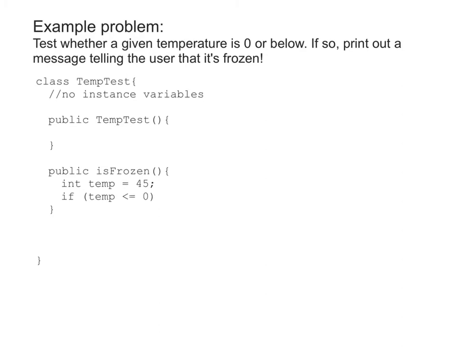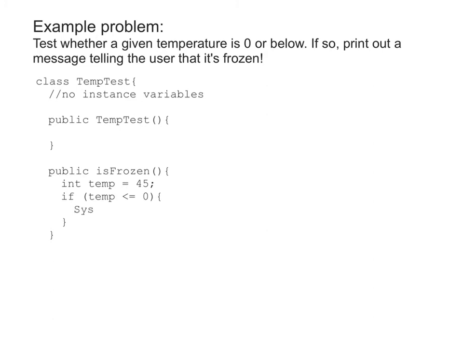That's our Boolean expression. Temp is either less than or equal to 0 or greater than 0. All right, and then we open our curly braces, get our white space correct, and inside here, if this statement evaluates to be true, we're going to do something.